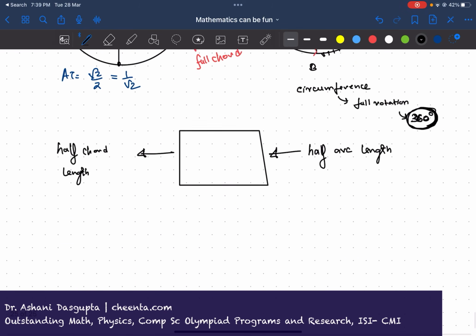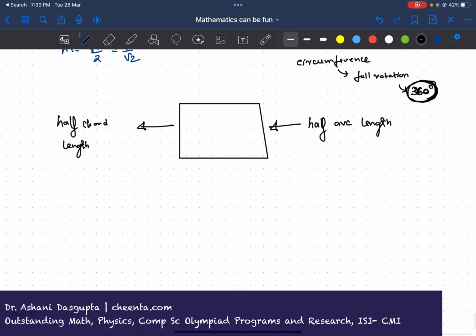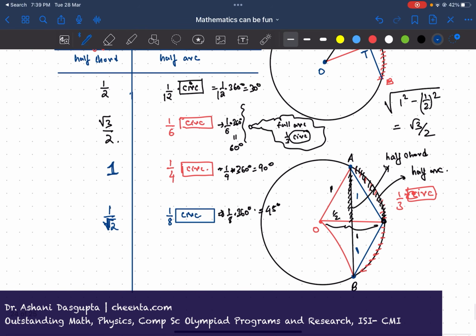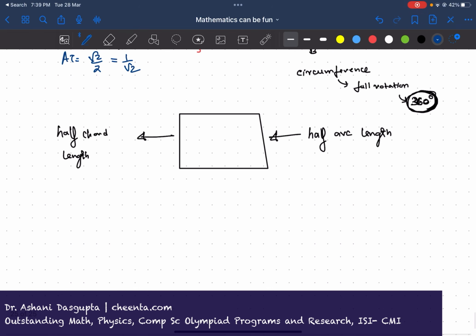So you get an input output machine. When you input 30 degrees, you get half, that is the half chord length. When you input 45 degrees, you get 1 over root 2.